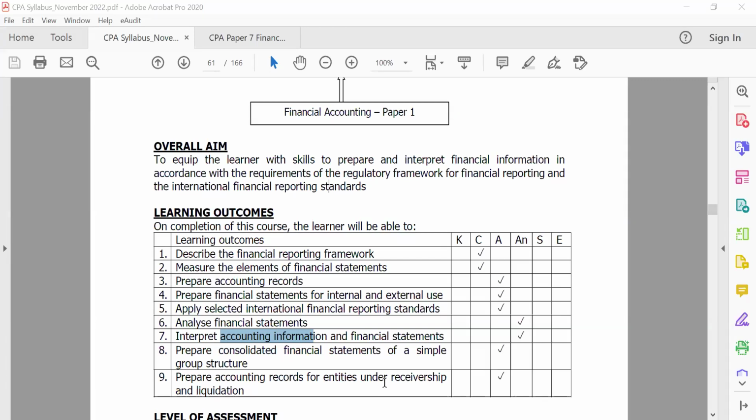And then we shall also be able to prepare consolidated financial statements of a simple group structure. So one of the key aspects here is that we are looking at an entity, a parent, that could have subsidiaries. So how do we consolidate the financial statements of the different subsidiaries with a parent to have a consolidated financial statement?